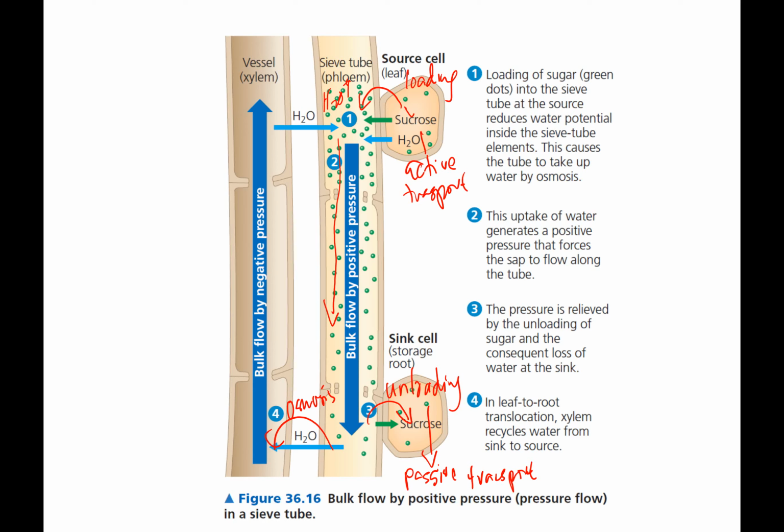At the same time, the concentration of water is also high at the sieve tube. It will allow the sucrose to move down through the sieve tube by positive pressure, until it moves to the downward end.